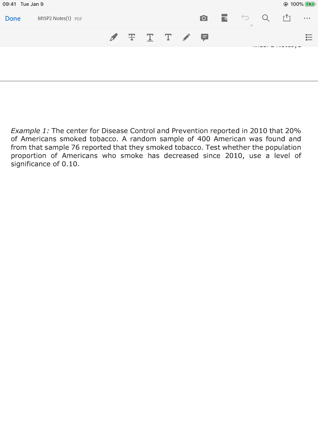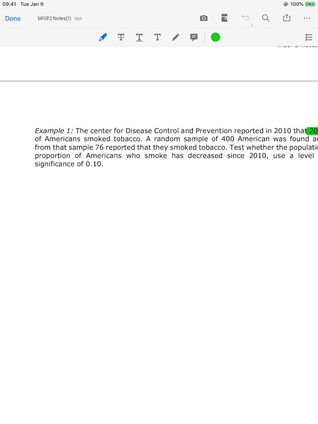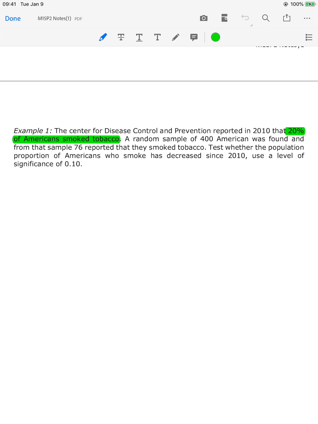So important pieces of information. There's a lot of them. So let's highlight some stuff. So first of all, it was previously reported that 20% of Americans smoke tobacco. We took a random sample of 400 Americans and found that 76 reported they smoked tobacco.